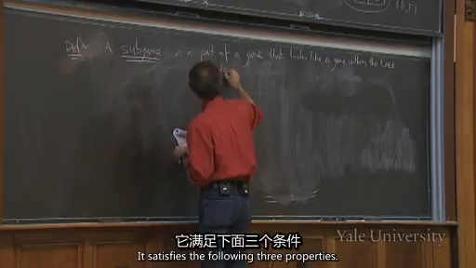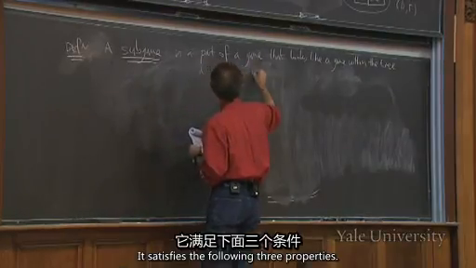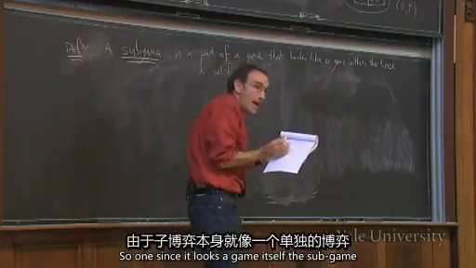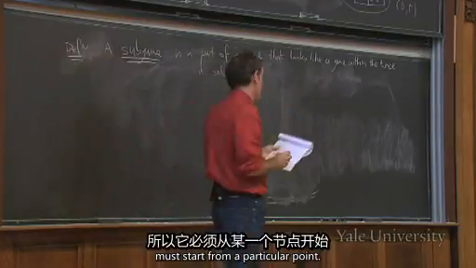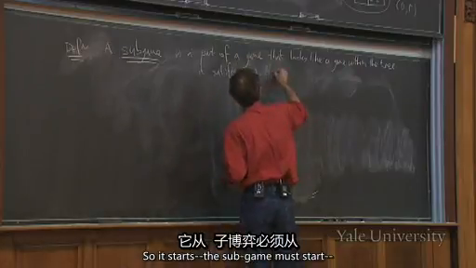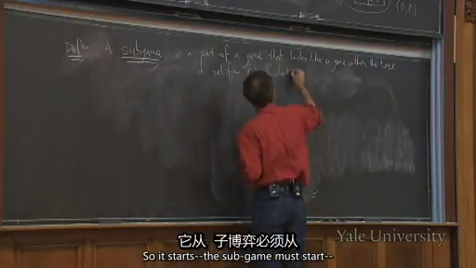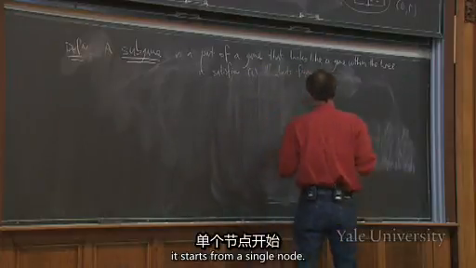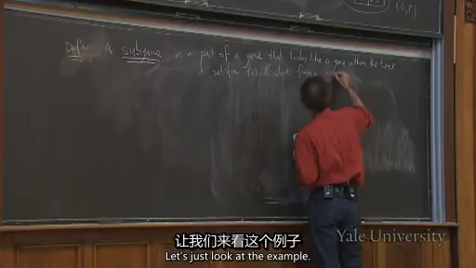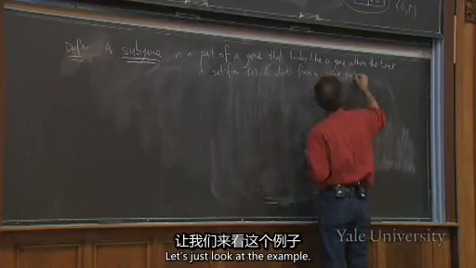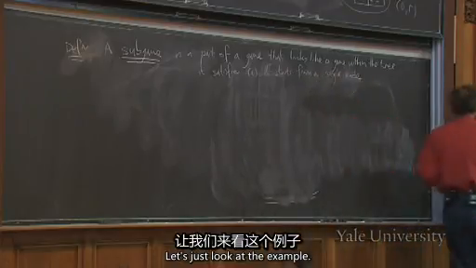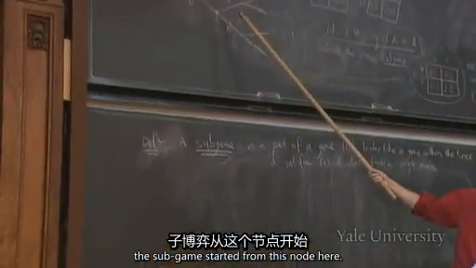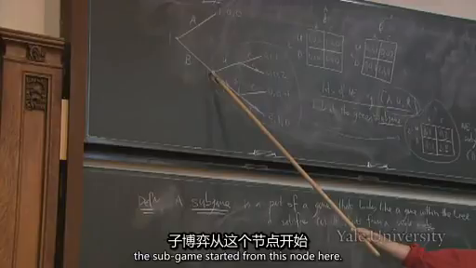It satisfies the following three properties. So one, since it looks like a game itself, the subgame must start from a particular point. So the subgame must start from a single node. And let's just look at the example. In the example we just looked at, the subgame started from this node here.